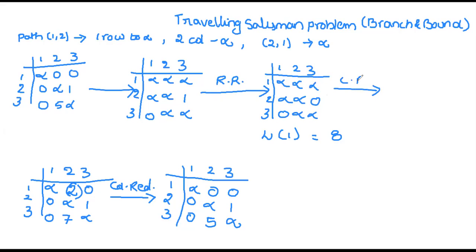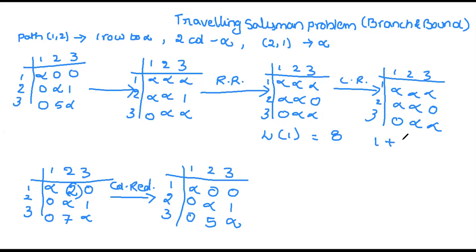The same way we are going to apply column reduction, 1, 2, 3, 1, 2, 3. There are no values. So the total reduction becomes 1 plus 0, that is equal to 1.